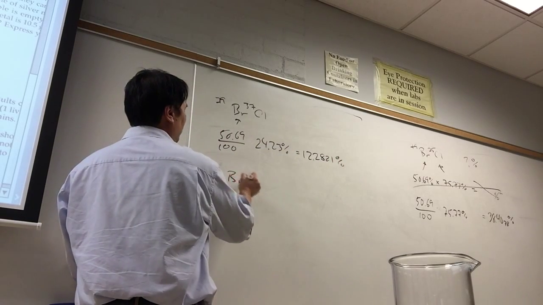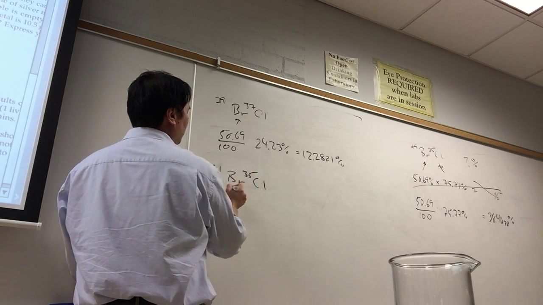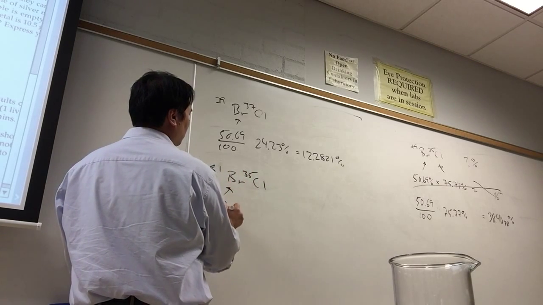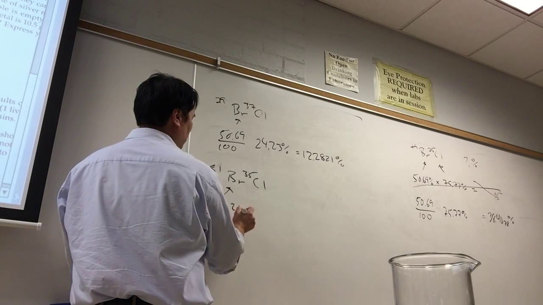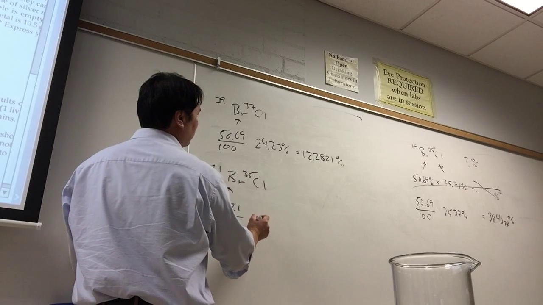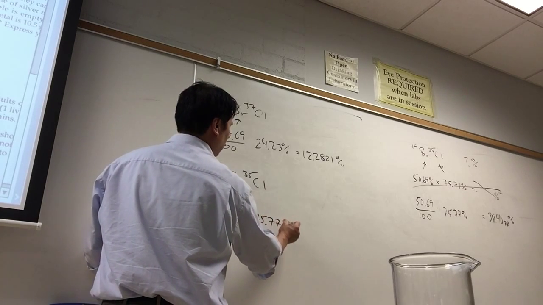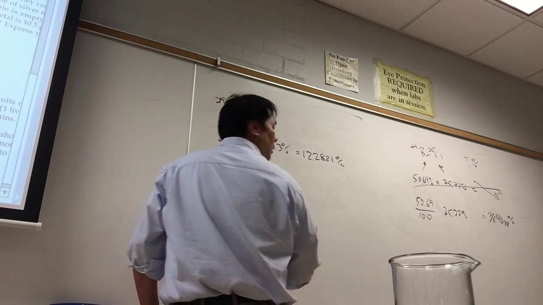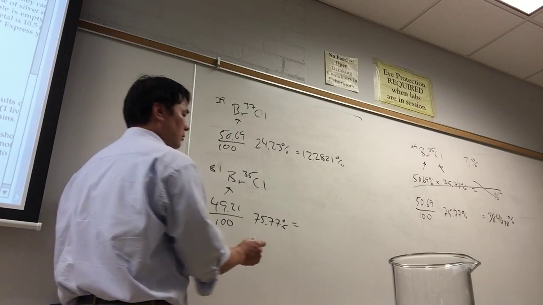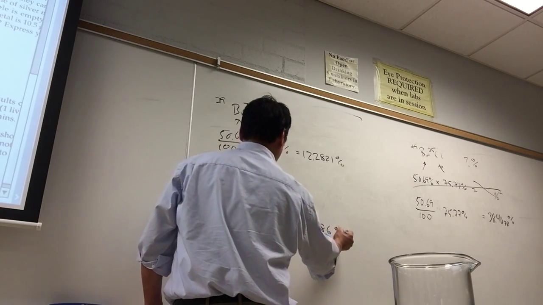And then we go to bromine 81. Bromine 81 with chlorine 35. Bromine 81 was 49.21 out of 100 of those, and the chlorine 35 was 75.77%. That gives me 37.286%.